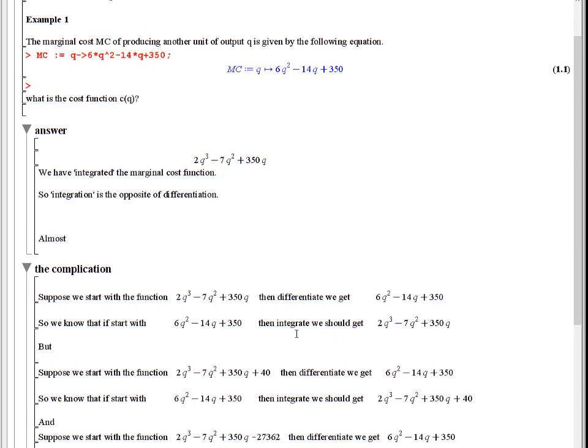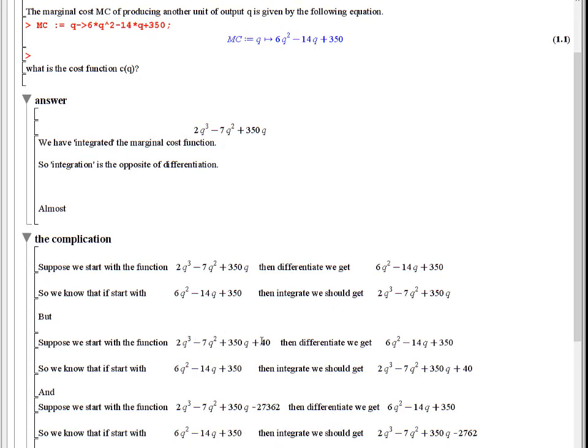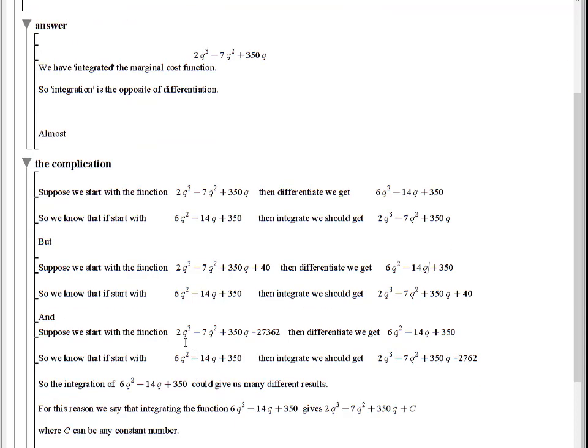But what if I start with this function instead? If I differentiate this one, I will get this one. Therefore, if I start with this and integrate, I should get back to here. But what if I start with this? If I differentiate this, then I get to this here. So if I integrate this, I should get back to this one.